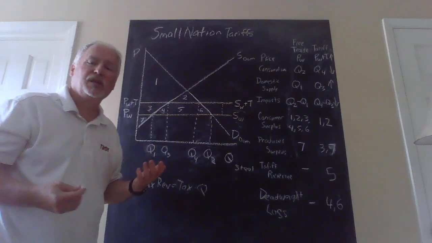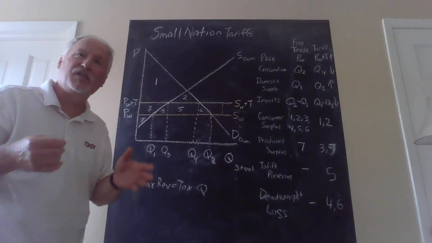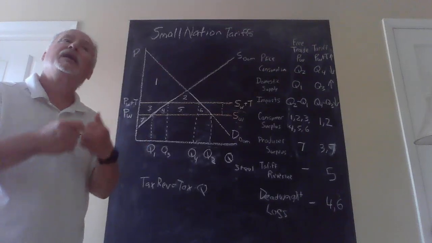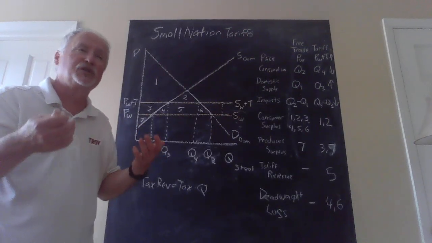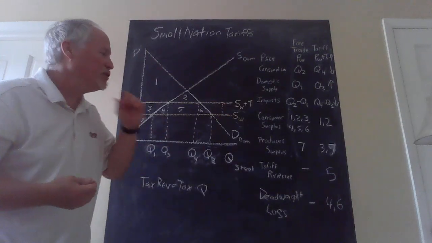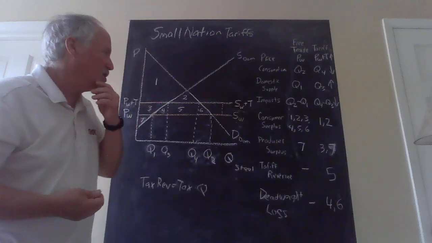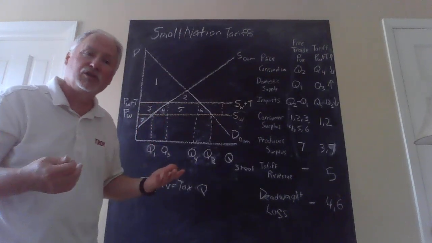And so in that sense, the trade protection is effective in that it does allow the domestic industry to produce more, and it does allow the domestic industry to earn more producer surplus. But those gains for the domestic industry, certainly the surplus comes at the expense of the consumers, because the consumers no longer get that surplus.